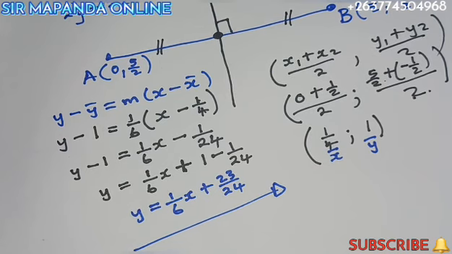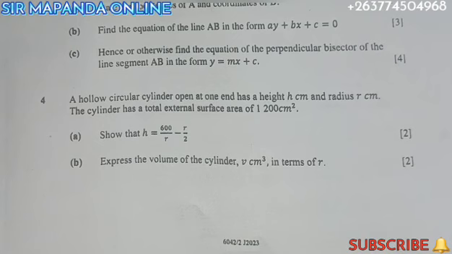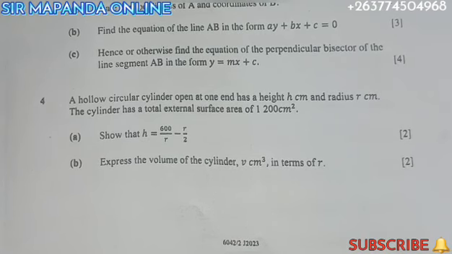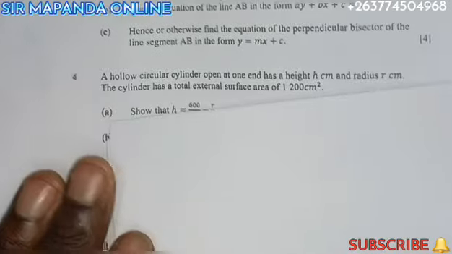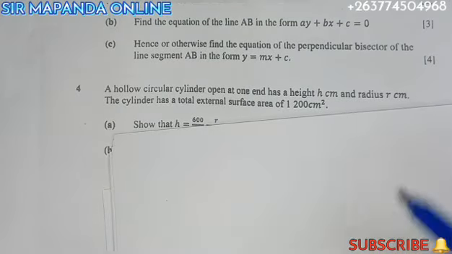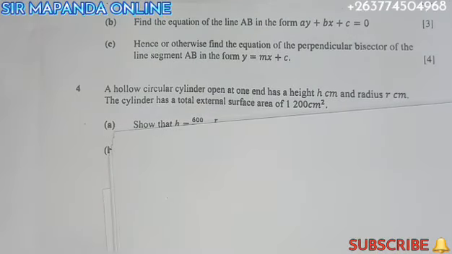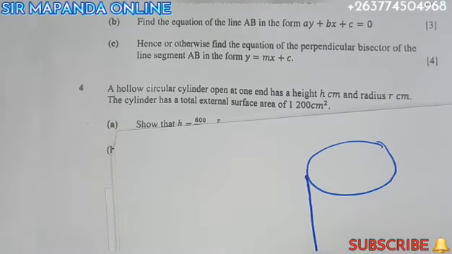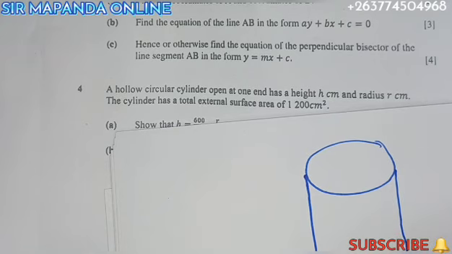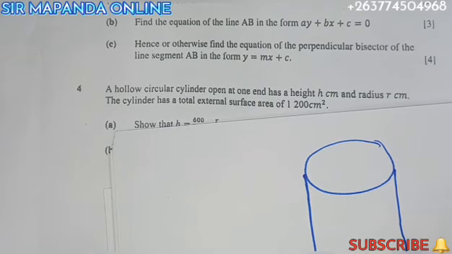We are now moving on to question number 4. It reads, a hollow circular cylinder open at one end has height h centimeters and radius r centimeters. So if we do a visual sketch of the cylinder, it is going to produce something like this. You have the top of the cylinder, then you have the bottom of the cylinder, which is also a circle.